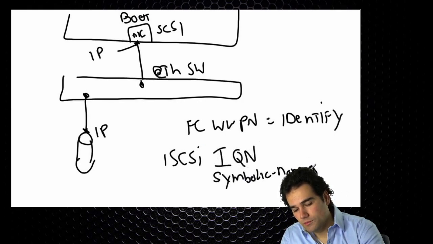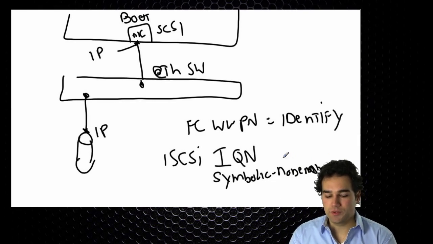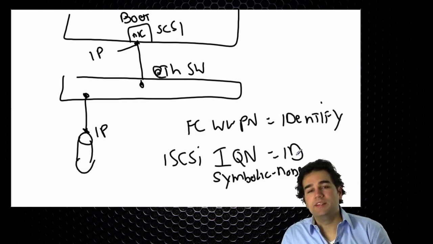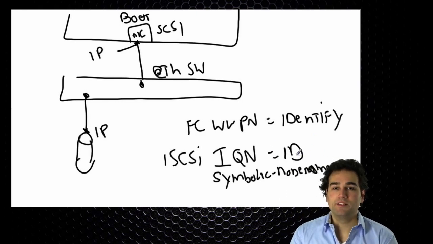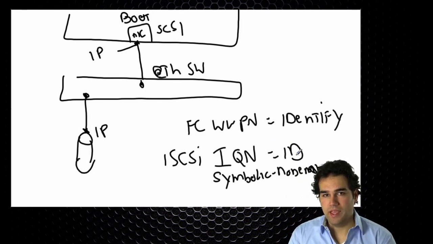You could see these names are used interchangeably, IQN or symbolic node name. And this is a name that is also used to ID the disk or the server. So every device running iSCSI has an IQN. Every disk has an IQN. Every server has an IQN.